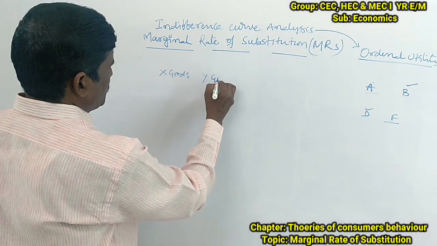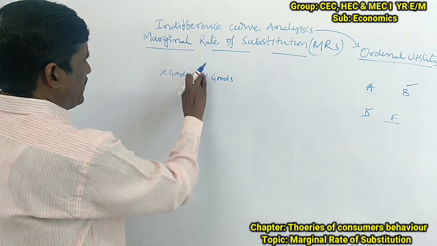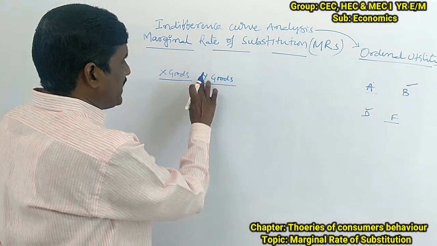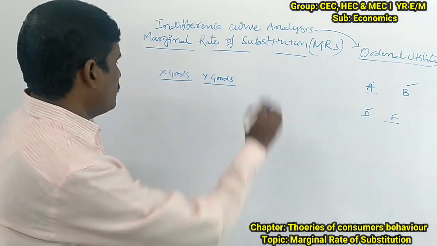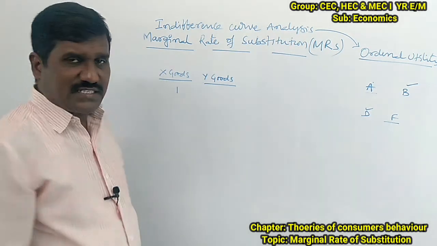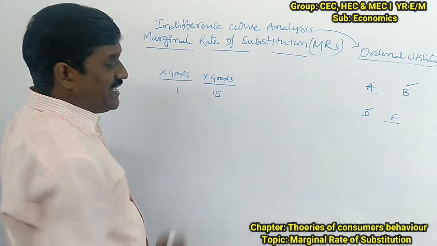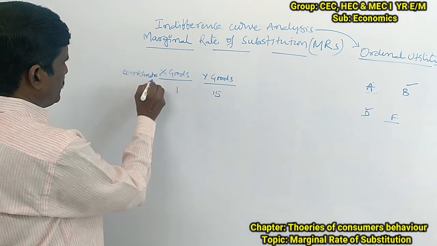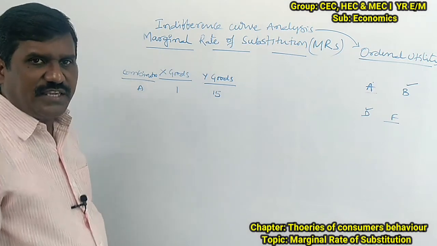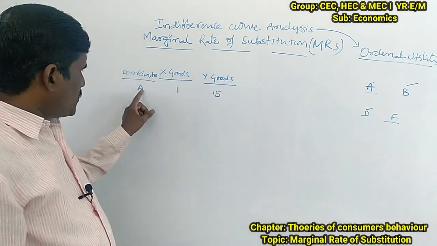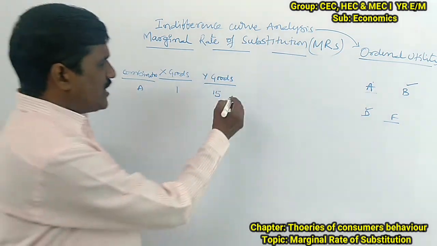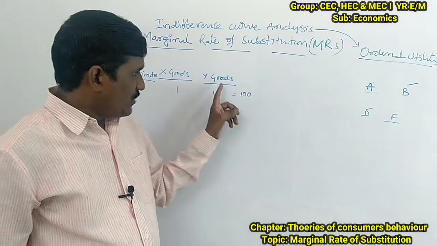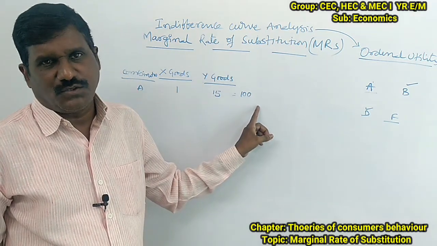I have taken two goods, X and Y. The combination of two goods will give the consumer satisfaction. For example, 1 of X and 15 of Y is combination A, row A. The A combination of 1X and 15Y gives the consumer 100 units of satisfaction.